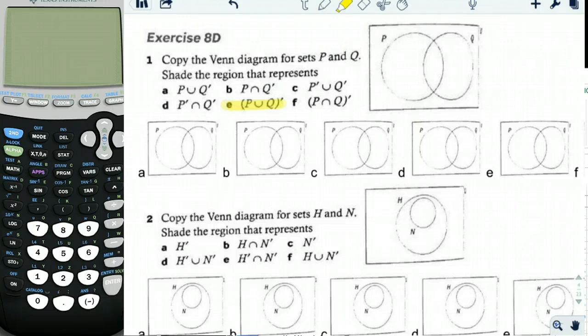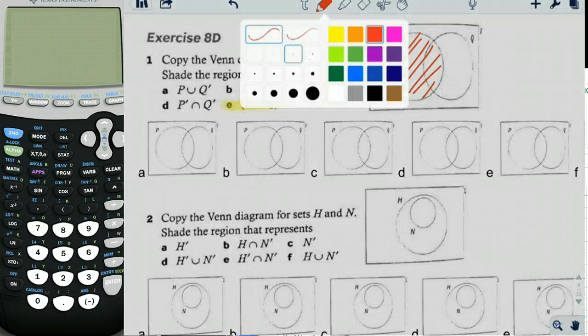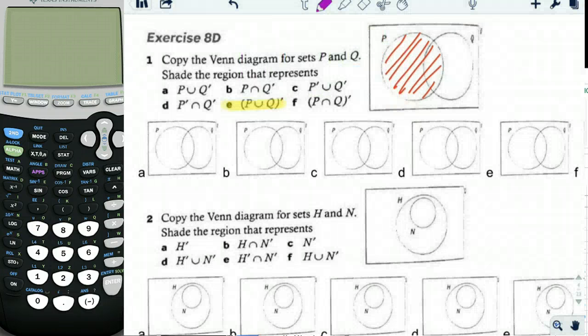So E. We'll do the complement of P union Q. So first we'll find P union Q.